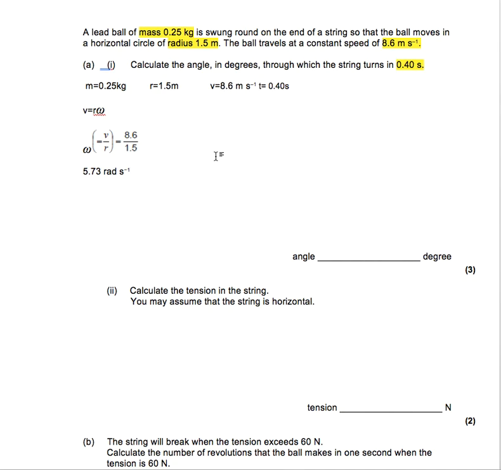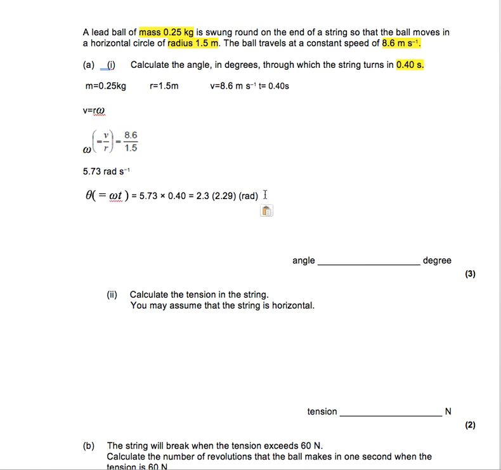So I know how many radians per second, I know how many seconds. So my angle then is omega times t, which gives me 2.29 radians. But remember, I want it in degrees. So now I have to convert from radians into degrees.